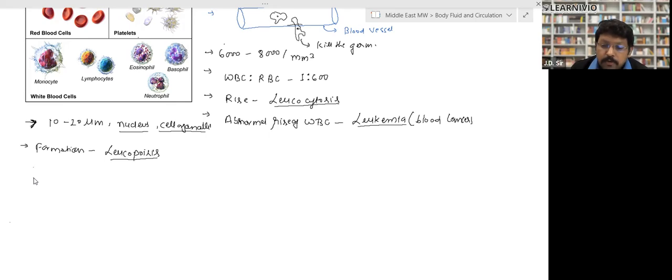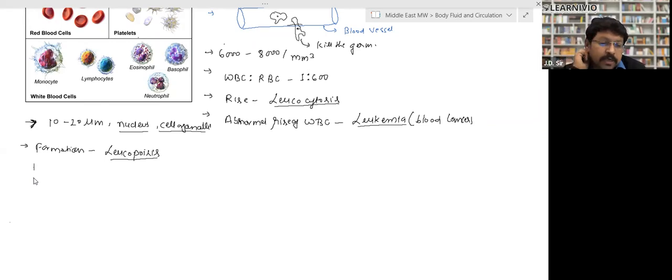For a particular structure to be called a cell, there are certain eligibility criteria. It must have a proper plasma membrane, proper protoplasm, and at least it must have a nucleus as well. But RBC do not have a nucleus or any cell organelle. That's why we call it a corpuscle.